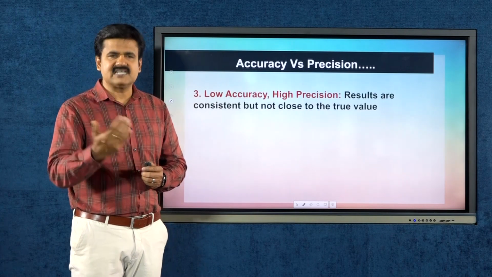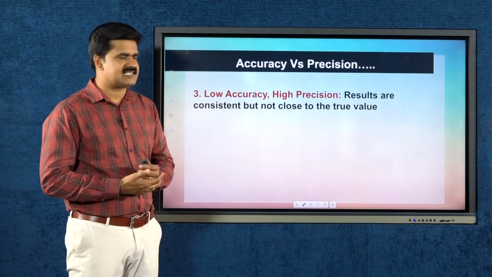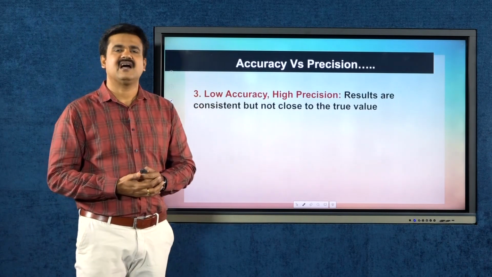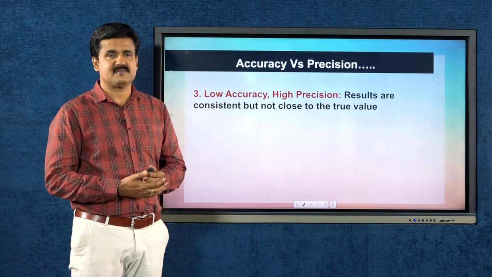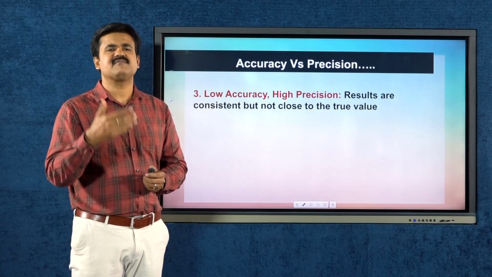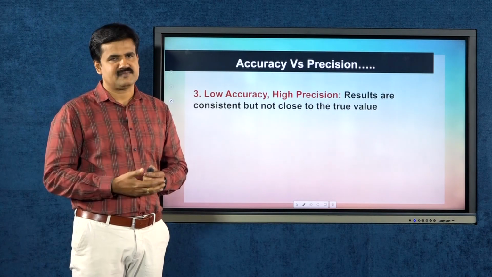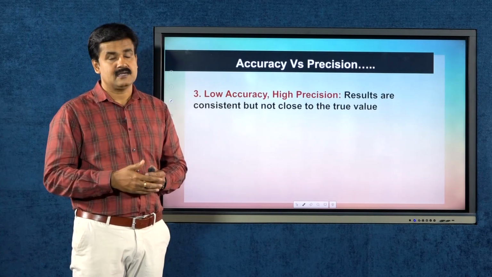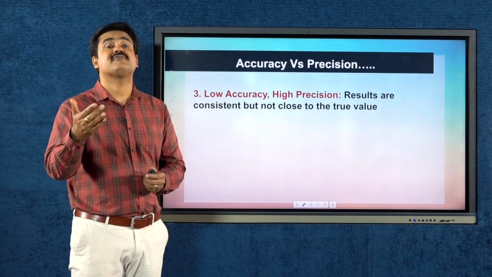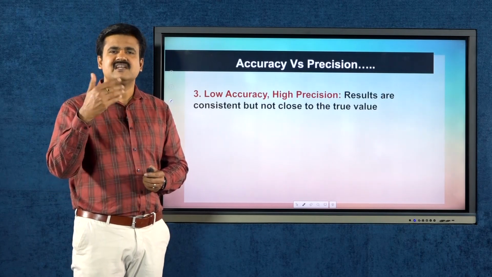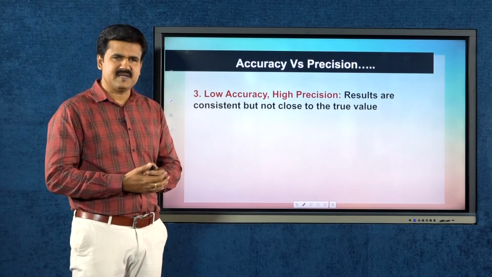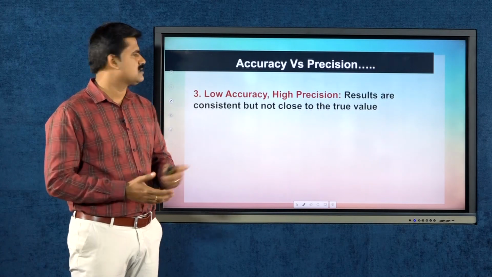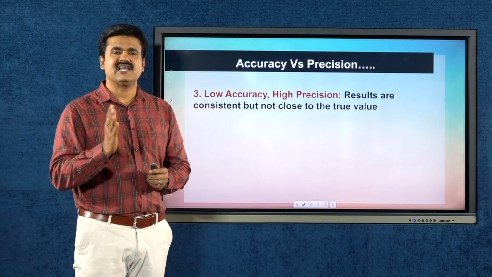And the third possibility is low accuracy and high precision. In certain measurements, you will get similar values whenever you take the reading. So, the values are precise, but the obtained values are far away from the true value. So, in that situation, the accuracy is minimum. This situation refers to low accuracy and high precision.